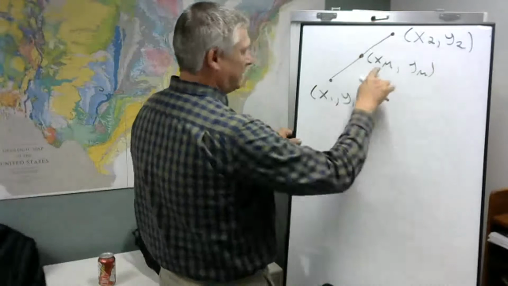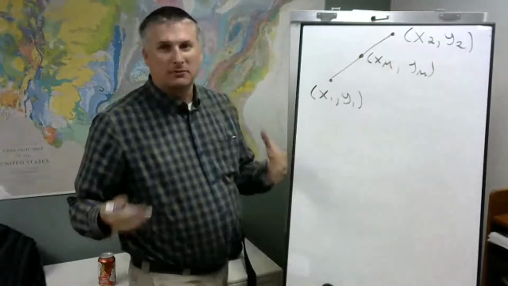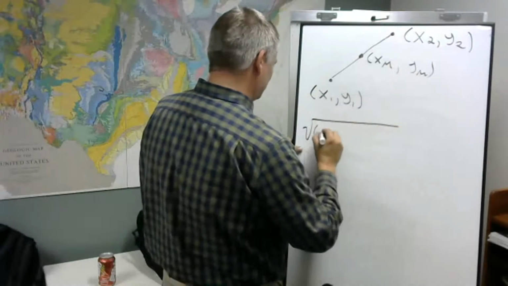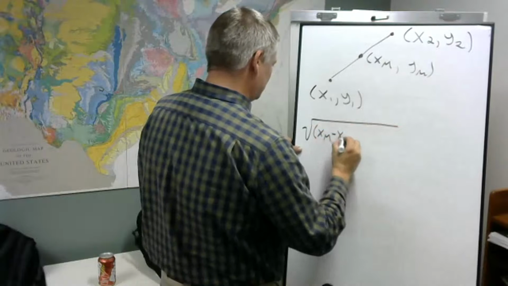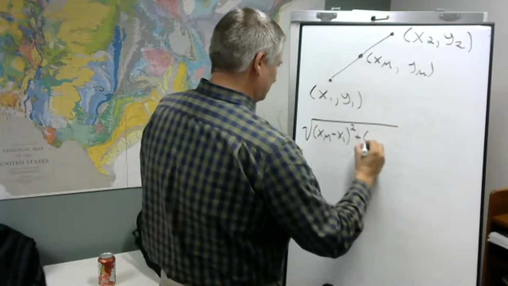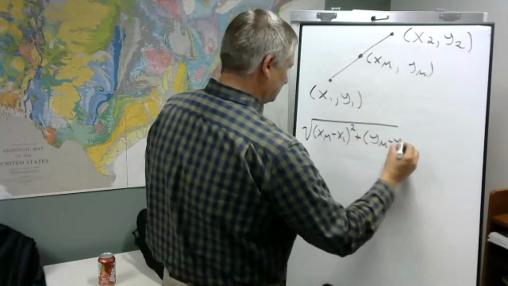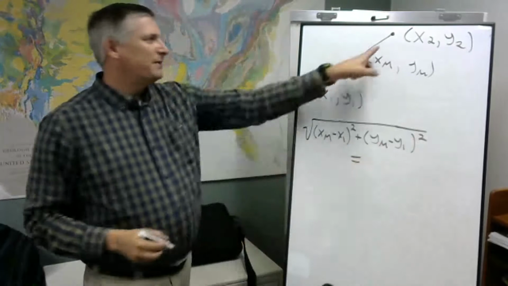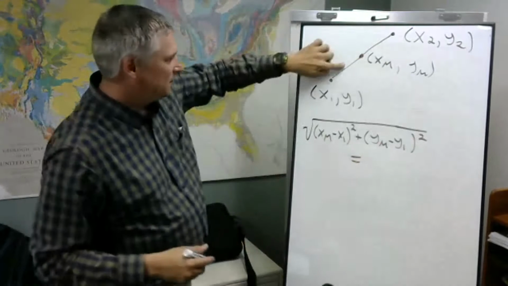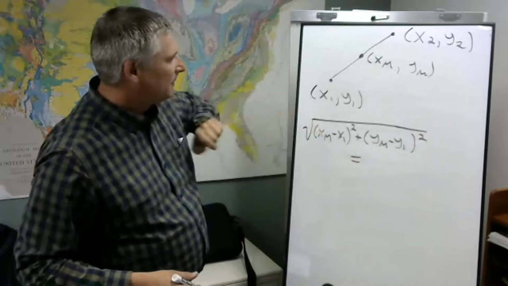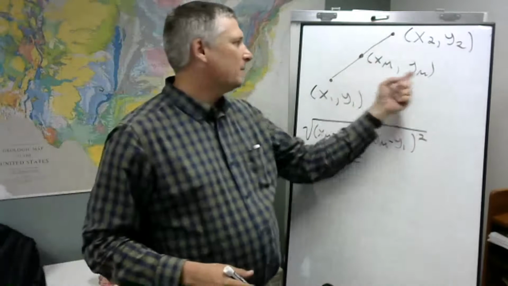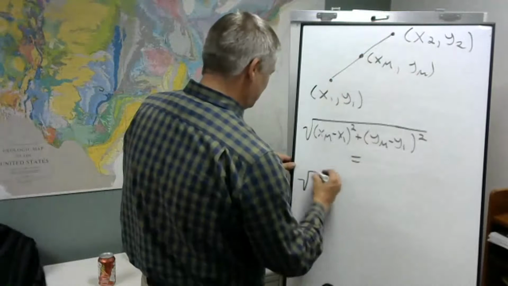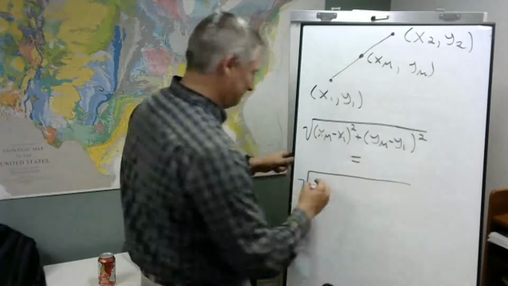Now for this first distance, we'll let xm, ym play the role of x2, y2. And that'll be equal to this distance here. And we're going to let this, so this is the distance we've got right here. This distance, we're going to let xm, ym play the role of x1, y1 in our formula.